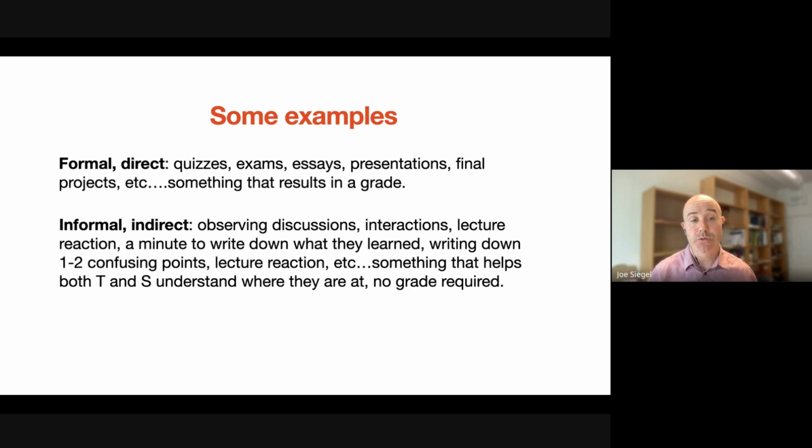Write down one or two confusing points, and that is some kind of lecture reaction. And these informal, indirect types of assessment help both the teacher and student understand where the students are at. There's no grade required. We get some information as a teacher to help us plan upcoming teaching moments.